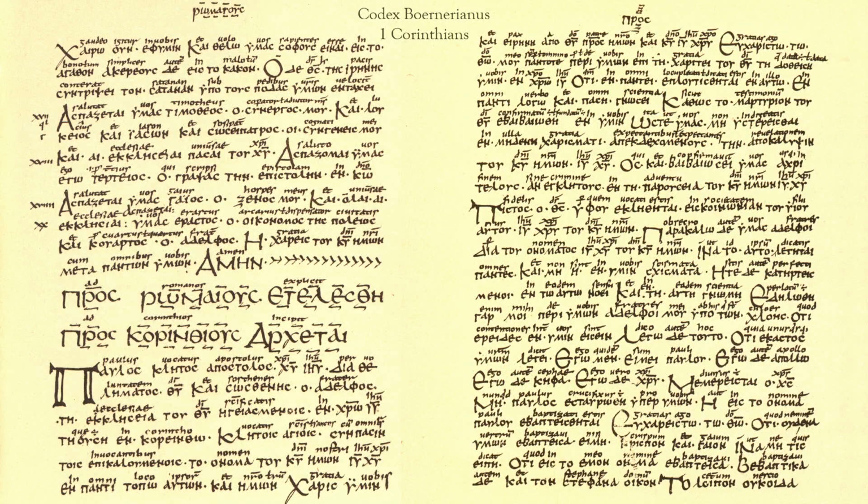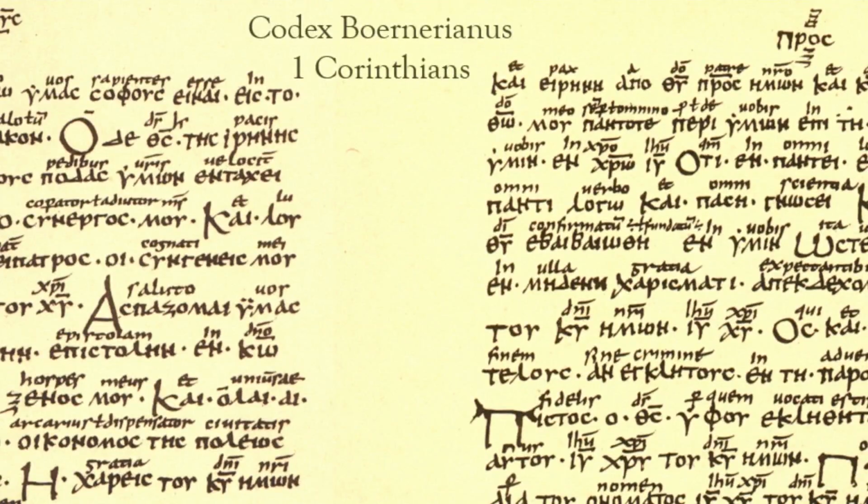This is Codex Boernerianus of 1 Corinthians, and you can see that, once again, we have the double writing here. The larger letters are in Greek, and then the smaller letters are in Latin. So we can see the large print here. It says pros Romaious etelesthe, which means to the Romans, it ended, right?